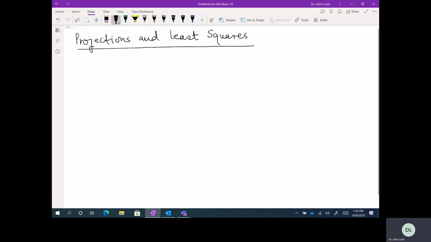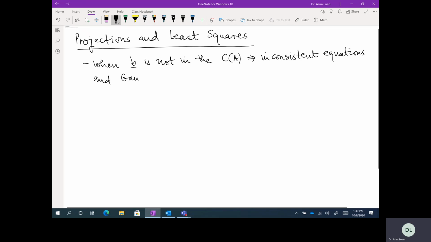So when b is not in the column space of A, what do we do? In the column space of A, this implies we have inconsistent equations, and Gaussian elimination fails.